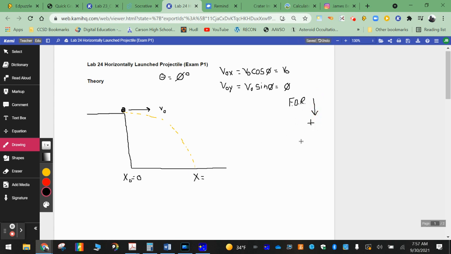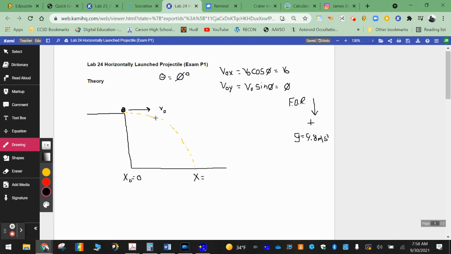If going down is positive, what will the value of g be? Cool, positive 9.8 meters per second squared, because the projectile is going with gravity.